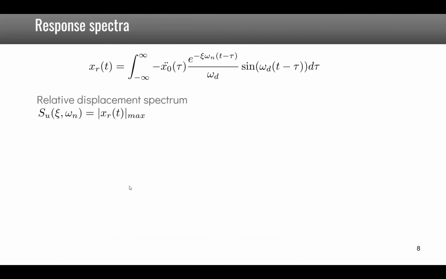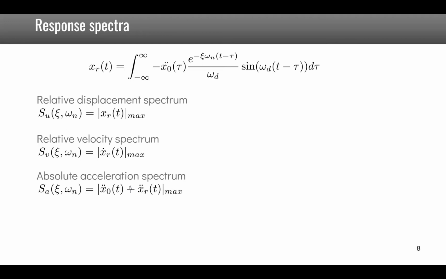Now, we talked about the relative displacement spectrum called SU. We can also work with the relative velocity spectrum if we consider now the relative velocity instead of displacement. And we can also define the absolute acceleration spectrum where we look at the maximum of the absolute acceleration, so acceleration of the base plus relative acceleration.